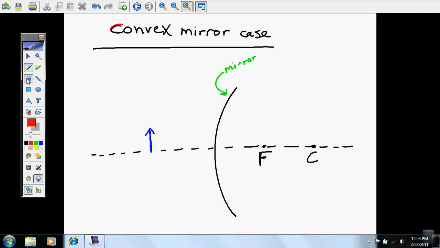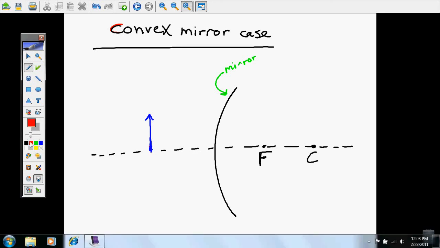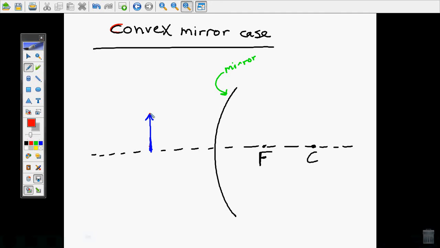I'm going to make my object a little bit taller. First light ray, parallel to the principal axis. And this time it reflects up as if it came from the virtual focal point.